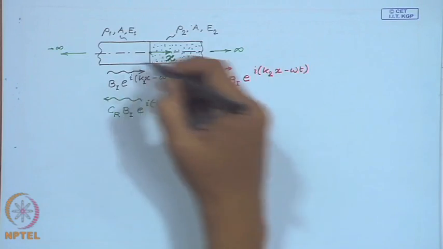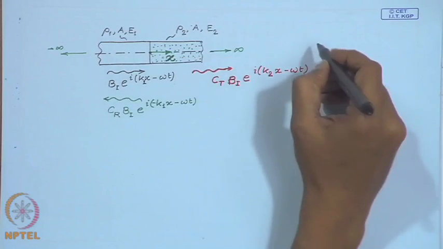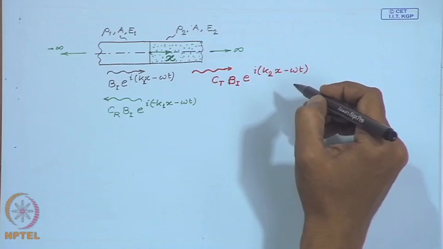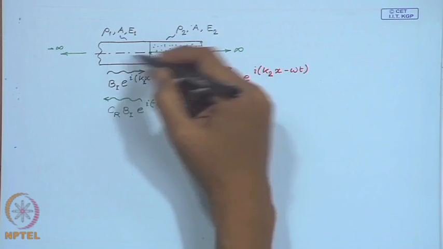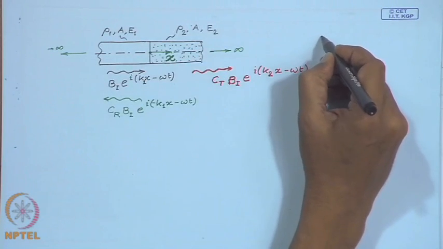Now, as you know, in these two different materials, the wave number and the frequency and the wave speed in these two materials are related like this.